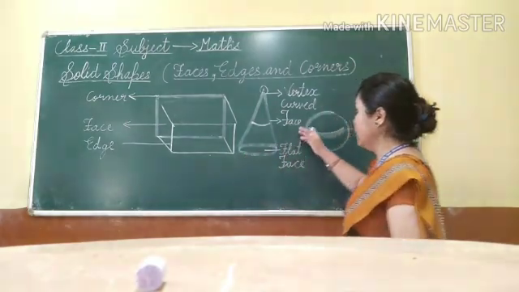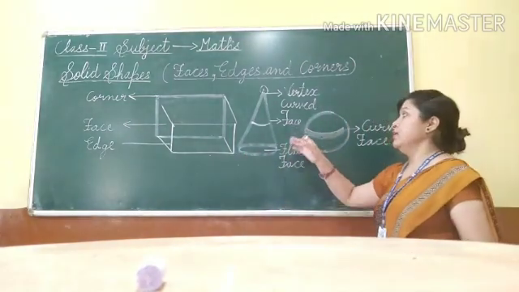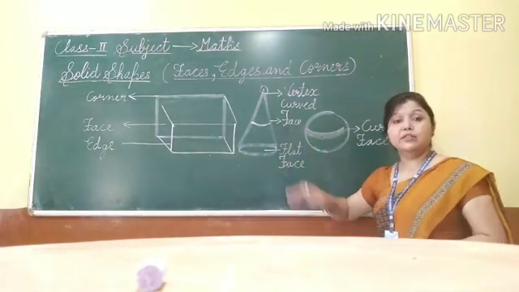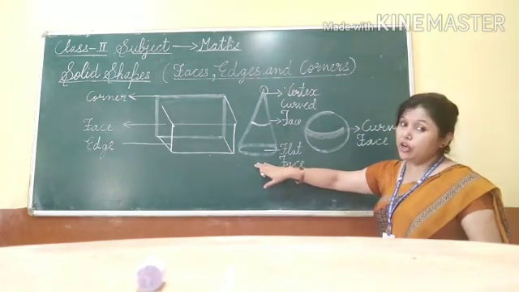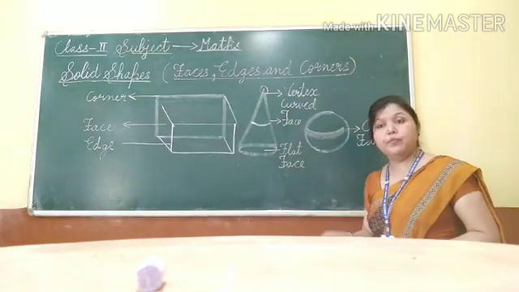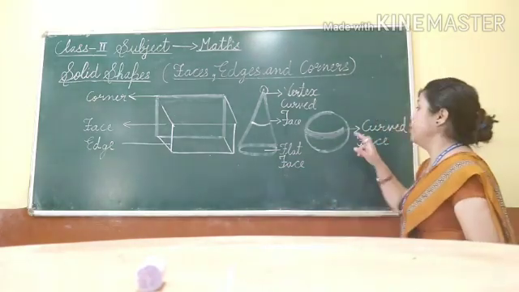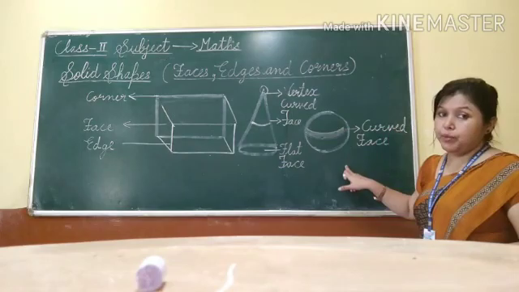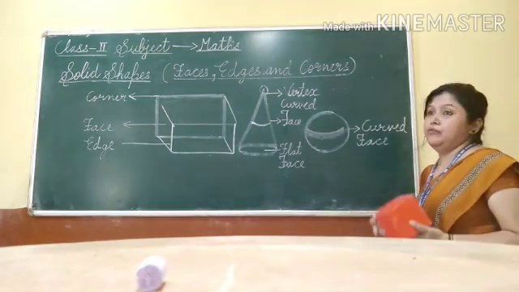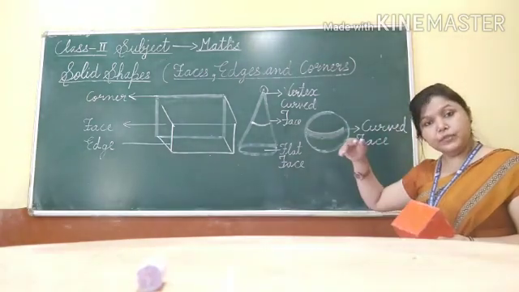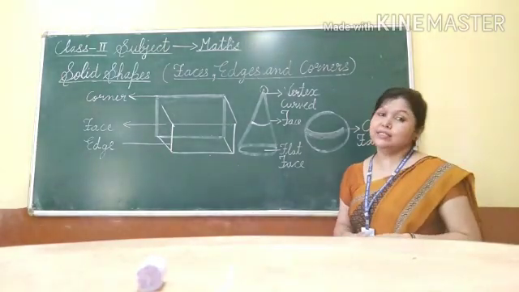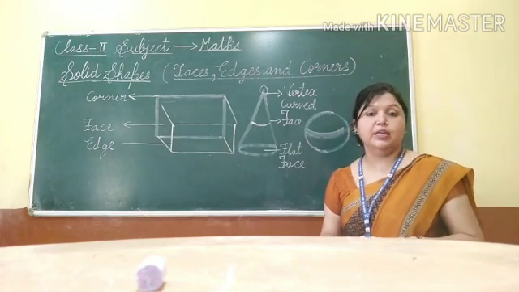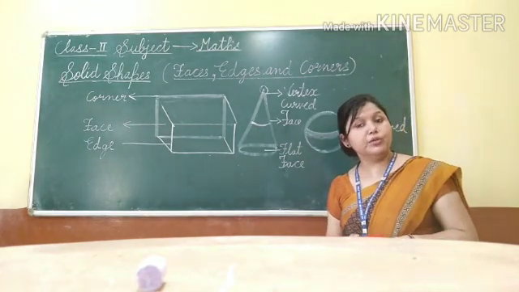And in a cone, we get a curved face. At the bottom, we always get a flat shape or circle shape, and in a ball or football, we get a curved face. So I hope you understood well. So this is all about this video. We will meet in the next video again.